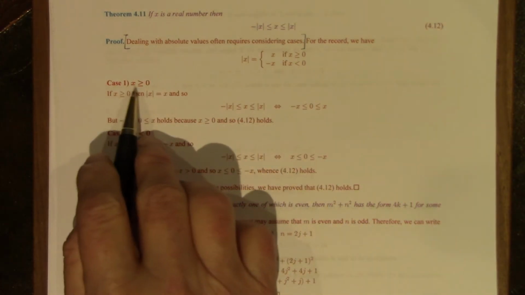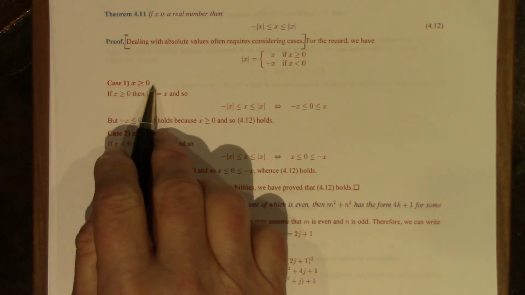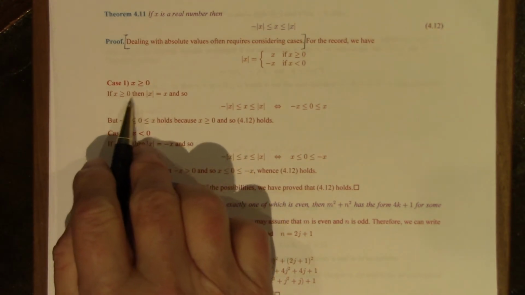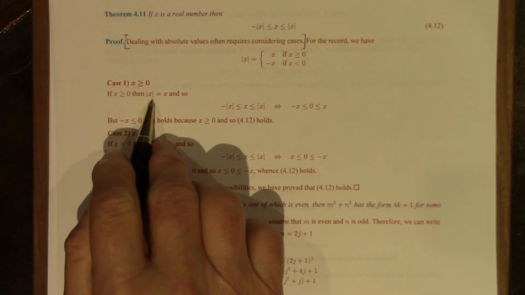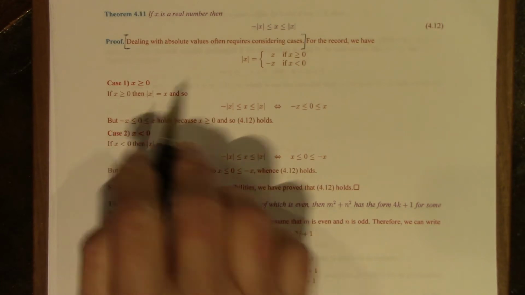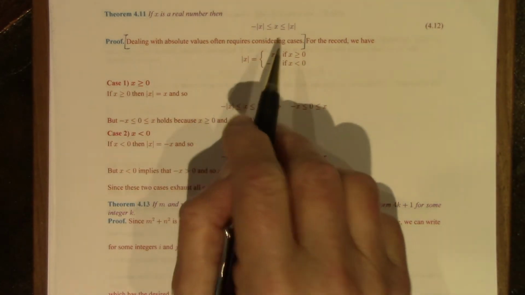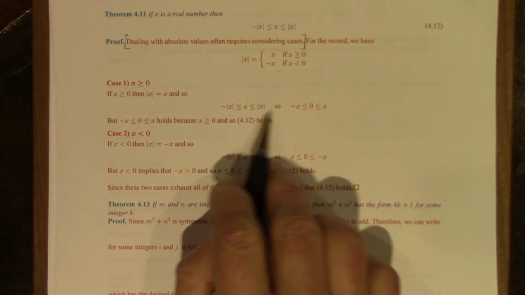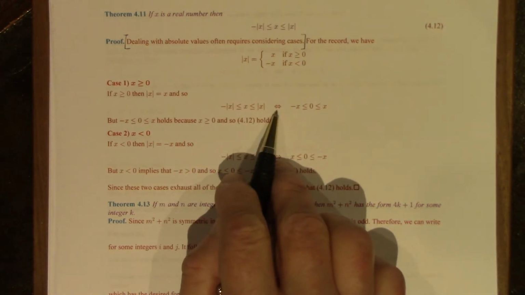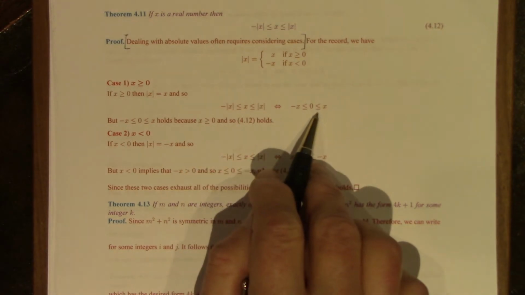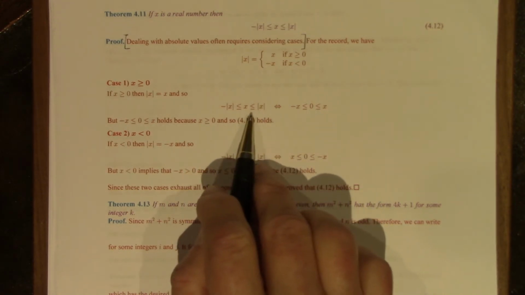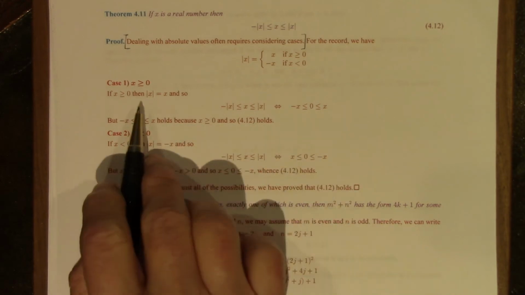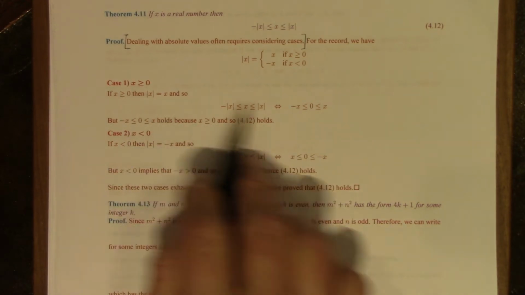So case 1 is when x is bigger than or equal to 0. If x is bigger than or equal to 0, then absolute x equals x. And so this expression that we're trying to prove holds if and only if this holds. In fact, essentially these are the same because we're saying that absolute x equals x.